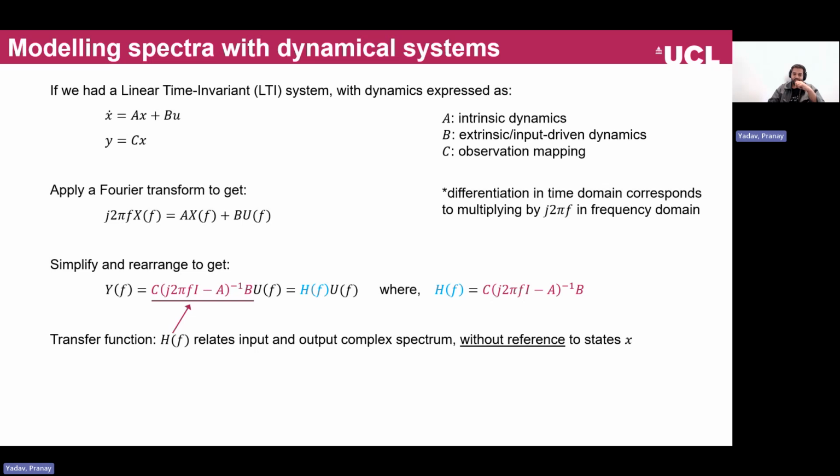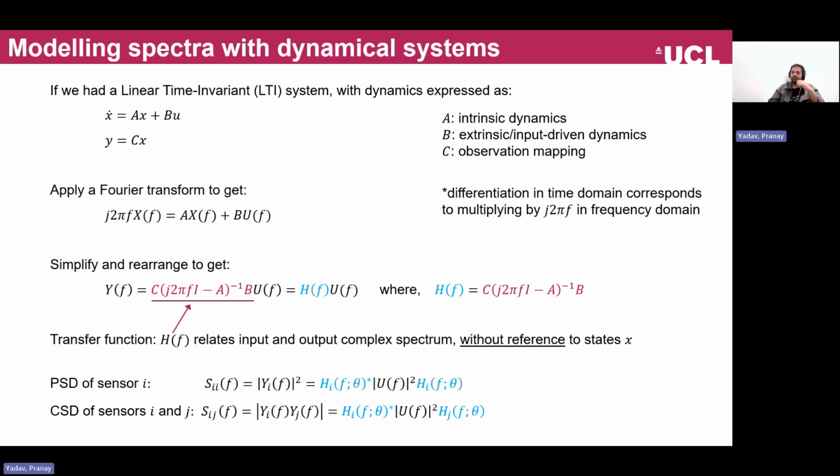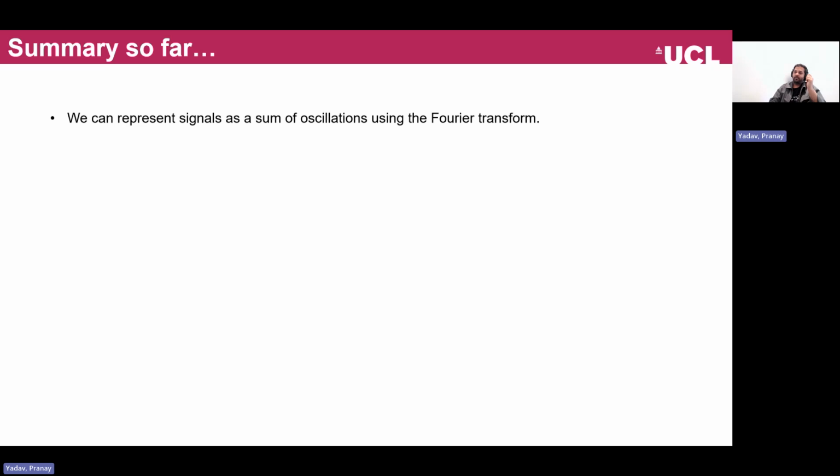So once we have this compact formulation of Y in terms of the transfer function and the input, we can again compute the power spectrum and the cross spectrum. And again, both of these depend only on the transfer function and the input, not the hidden states. So what do we have so far? We can represent signals as a sum of oscillations using the Fourier transform. This is an orthogonal projection.